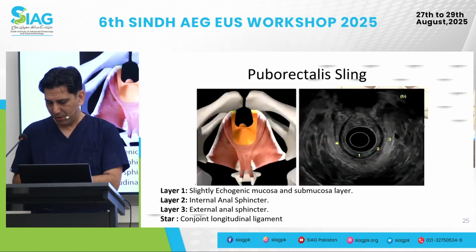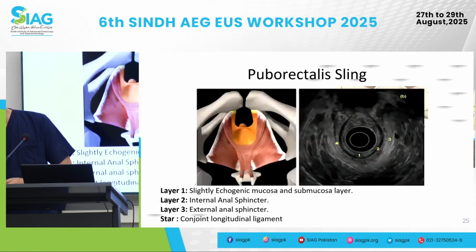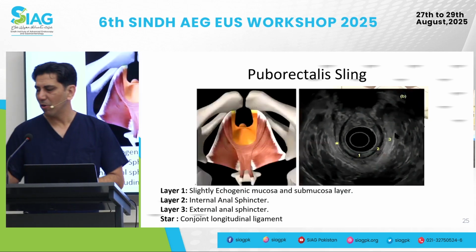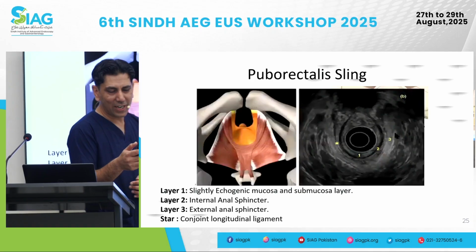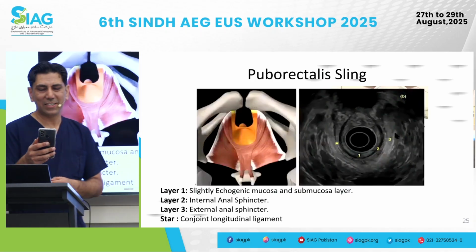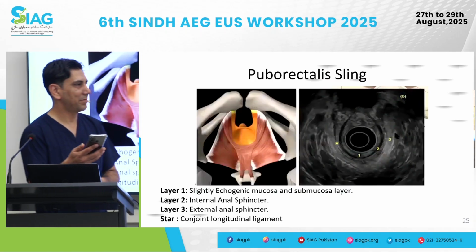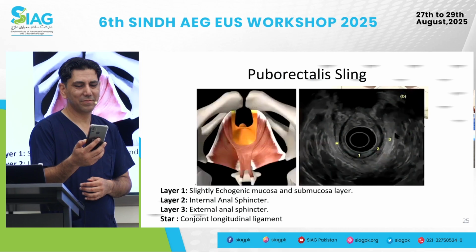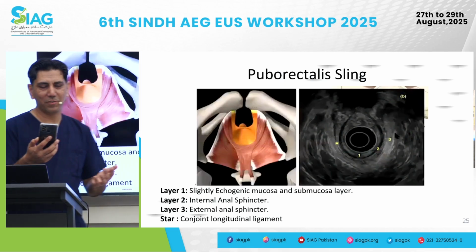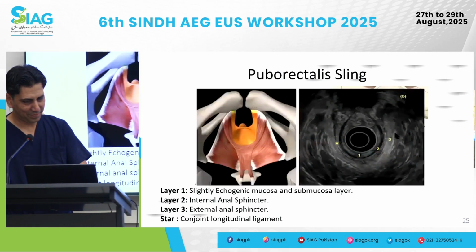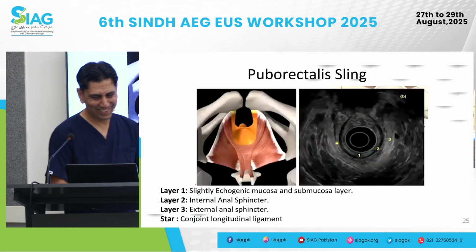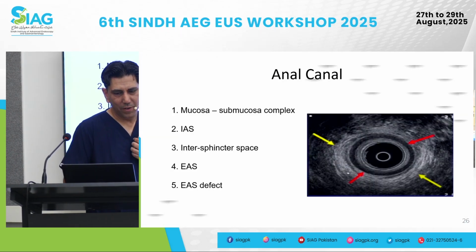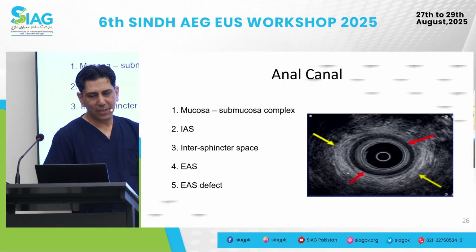The question was why the external sphincter is hyperechoic. Because of the skeletal muscle composition. ChatGPT says because of the skeletal muscle composition. Okay, so the same.